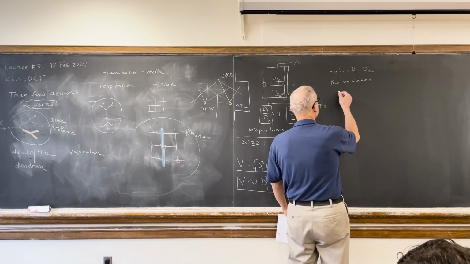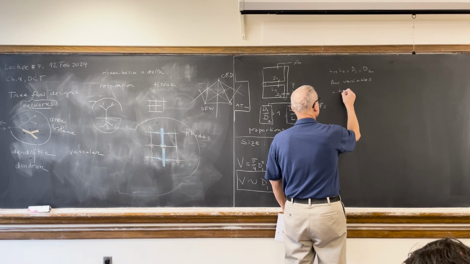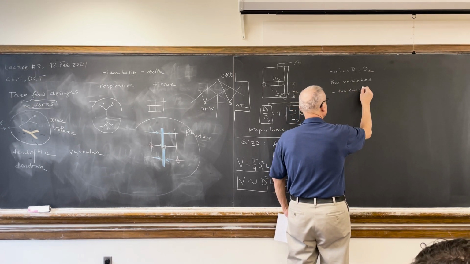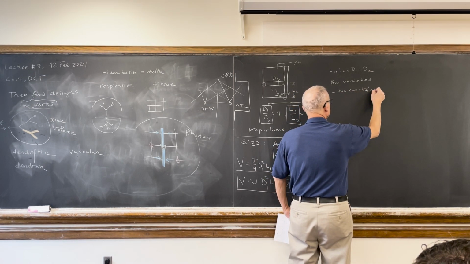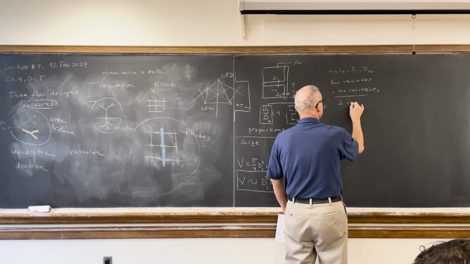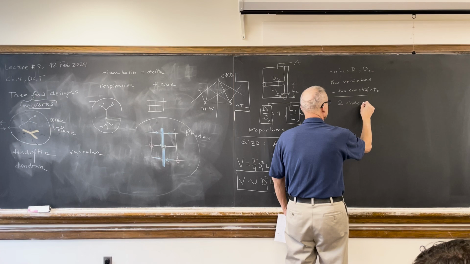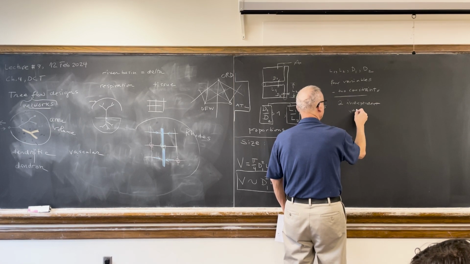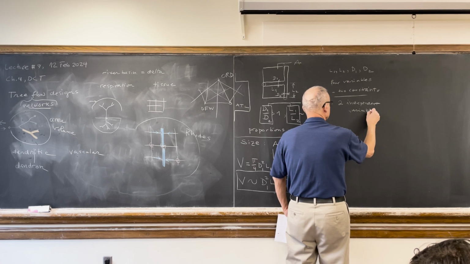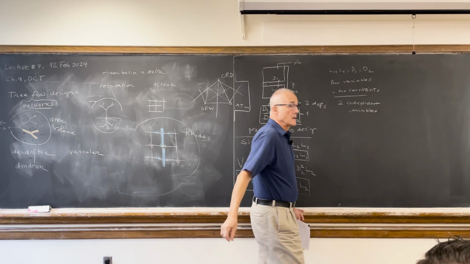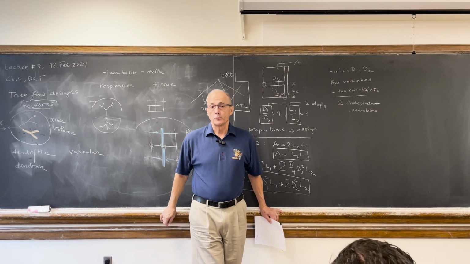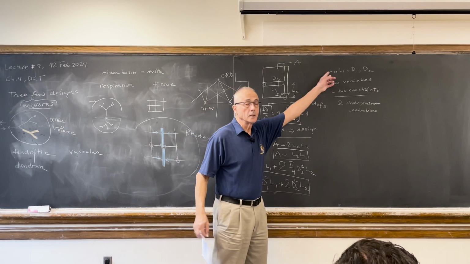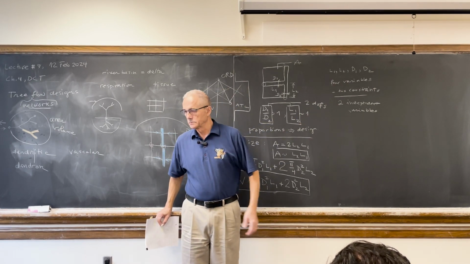So 4 variables minus 2 constraints leave 2 independent variables. Only 2. And which 2 of these 4, it's up to you.